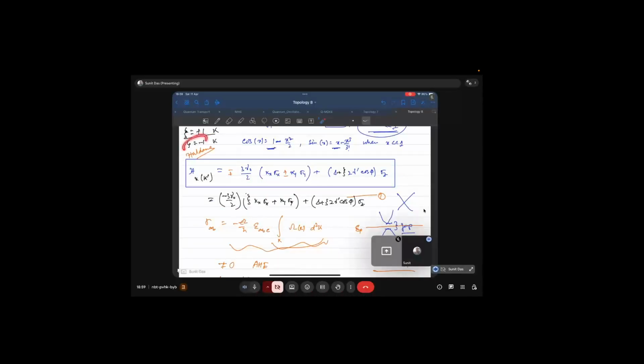So for k prime value, xi equals minus 1, and then there is already a negative, so overall it makes positive. Whereas for both k and k prime, the ky coefficient was always negative. So that is already there, and here there is no xi sign.